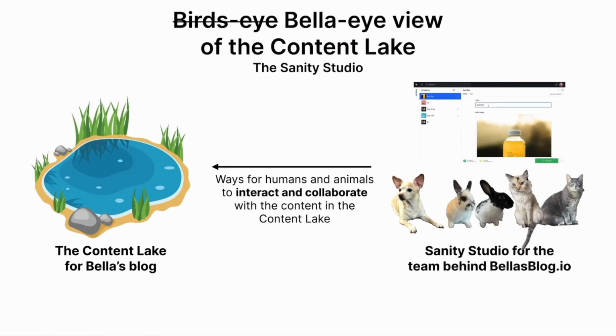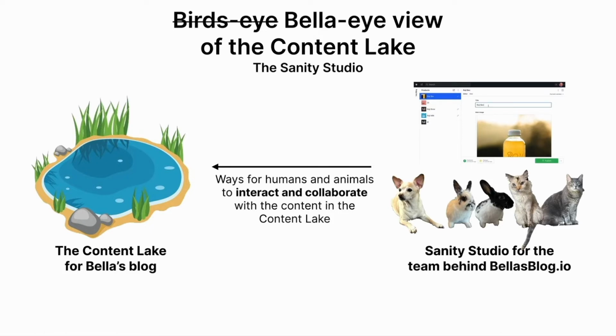Now, there's also the Sanity Studio. There's a little glimpse of Bella's team, but here's the Sanity Studio and the team behind bellasblog.io. So this is a way for humans and animals to interact and collaborate with the content in the content lake. So the studio speaks to the content lake, again, using APIs.